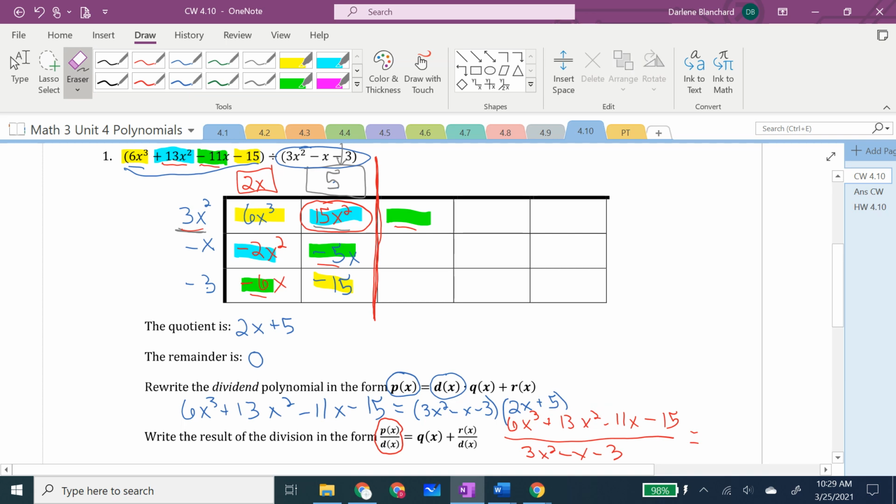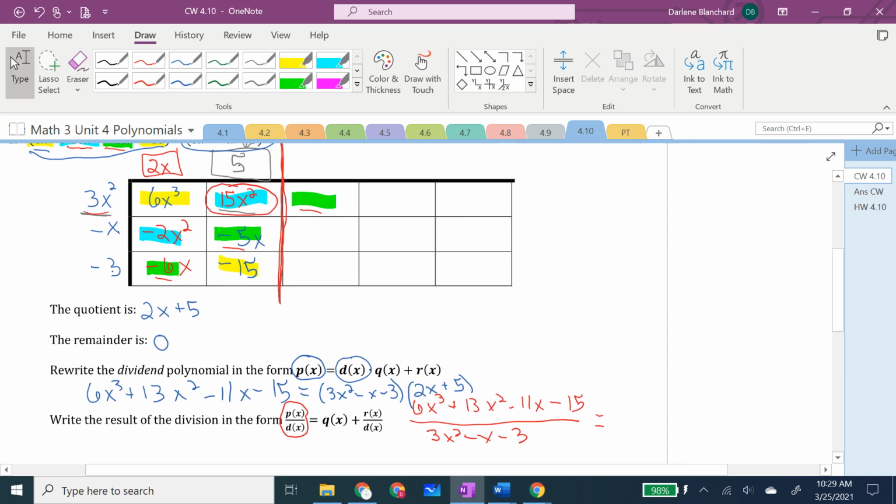And then for the result of the division, you're just going to put down the quotient, 2x plus 5. And then if there were a remainder, you would put that remainder over the divisor, which is the lovely 3x squared minus x minus 3. But since the remainder is 0, there's no need to write that because it's just 0.